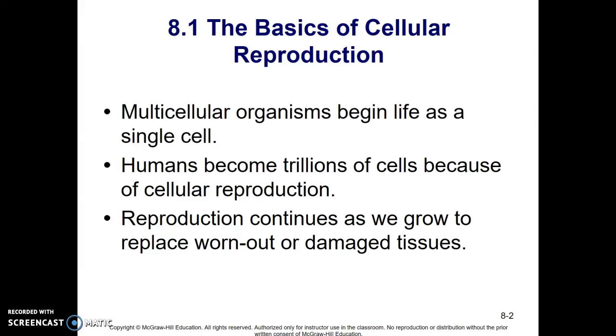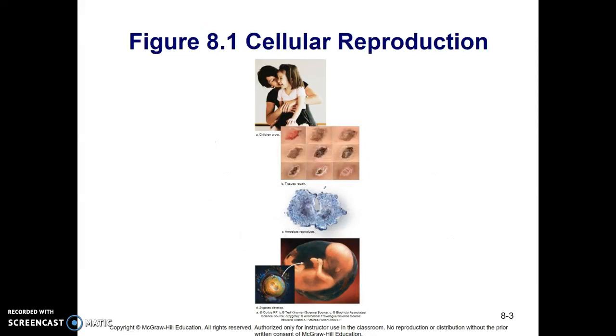And we also have to replace any damaged or worn out cells as we grow, so that there's a constant reproduction of our cells, so we can replace the ones that need to be replaced, regardless of also growing.